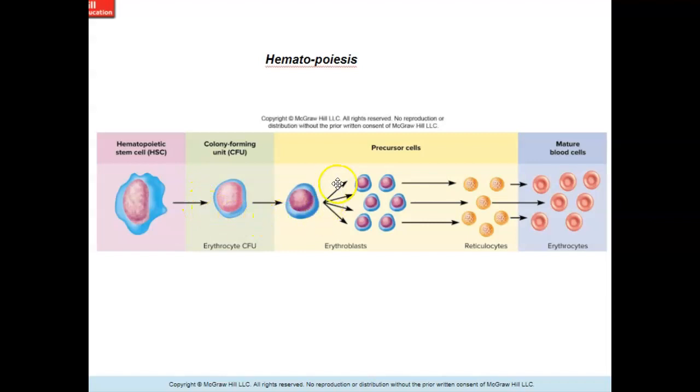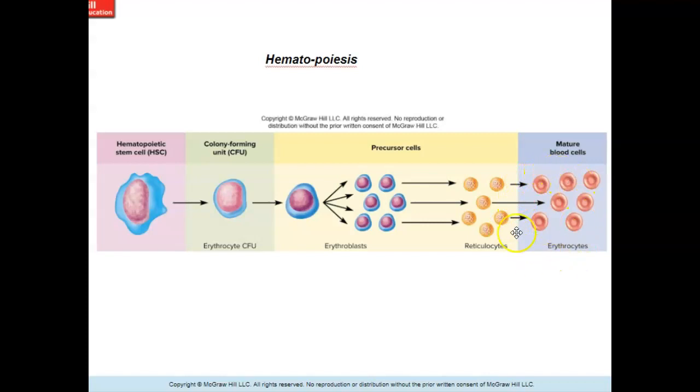Then we're going to have some precursor cells called erythroblasts, and these erythroblasts have a nucleus. And then finally, the direct precursor cells before the whole maturation are going to be reticulocytes. These are the last cells before the red blood cells mature, with pieces of nucleus.